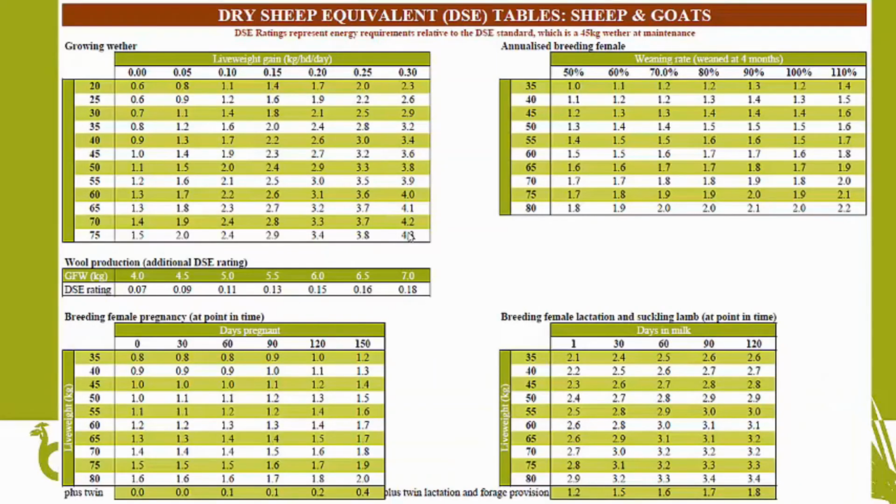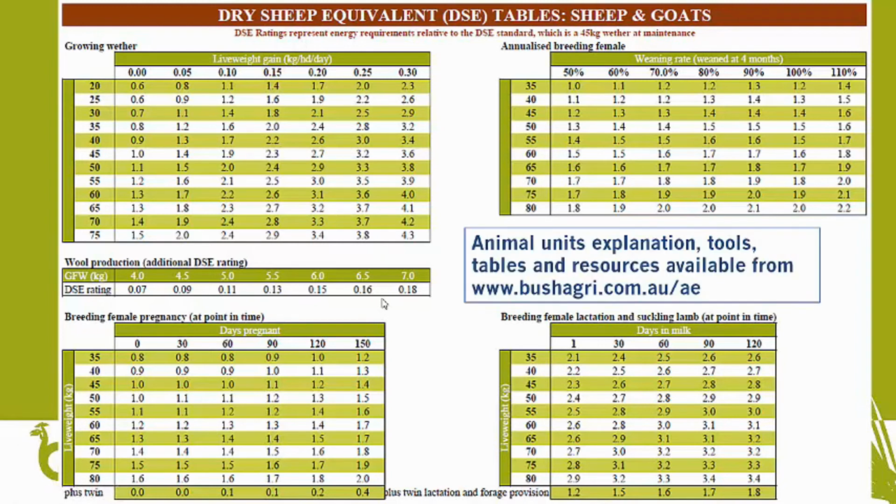You can use this table to do that and say, okay, what's their weight gain, and that will give you the DSE rating there, or for a breeding female over a year, or points in time during the pregnancy. And these tables apply for sheep and goats because, as I said, they're the same DSE or energy demand for the same level of production there.